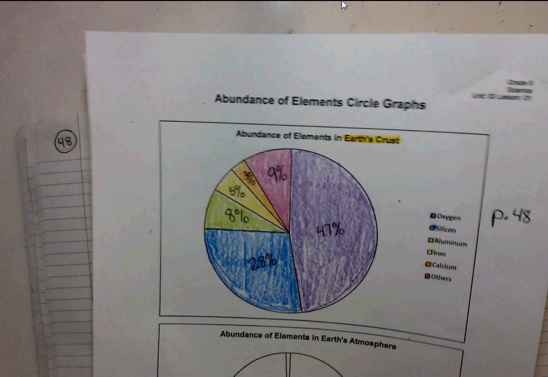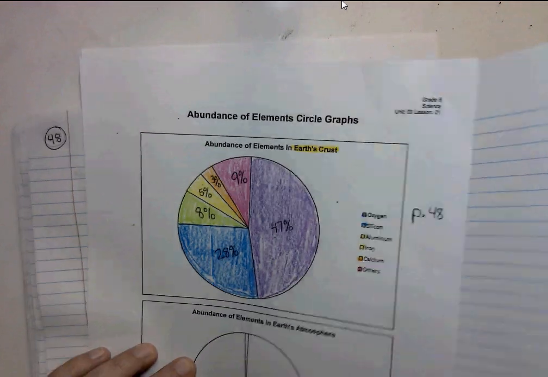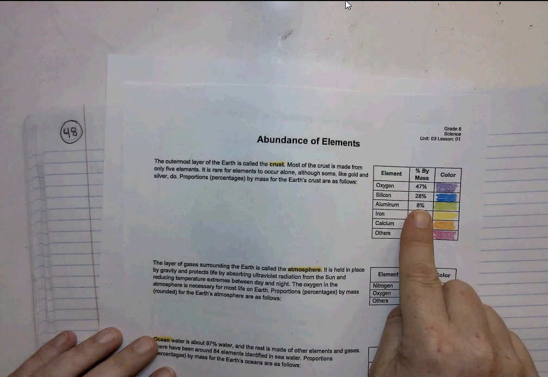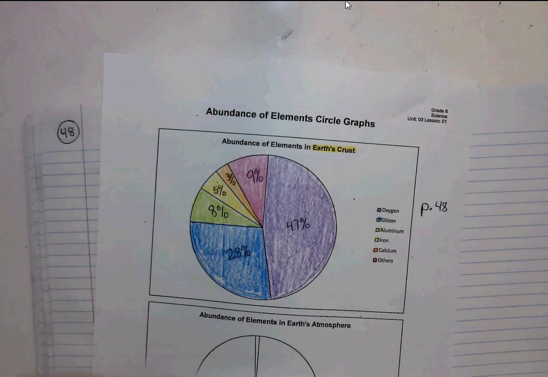I'm going to take my circle graph, my table, and my information and cut it out.